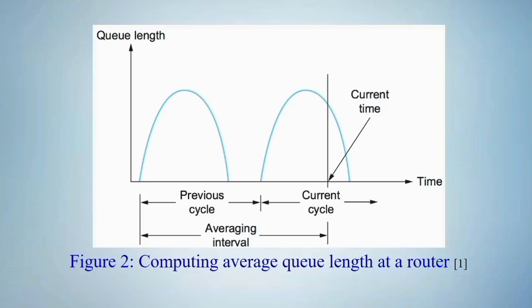Time is represented on the horizontal axis starting from t equal to 0. The vertical axis, that is y-axis, represents the queue length, showing how many packets are waiting in the router's queue at different points in time.